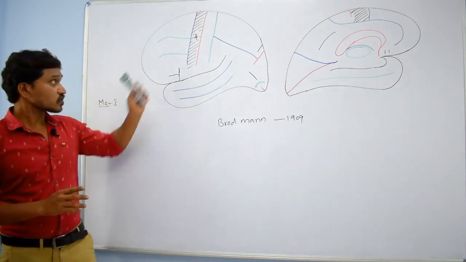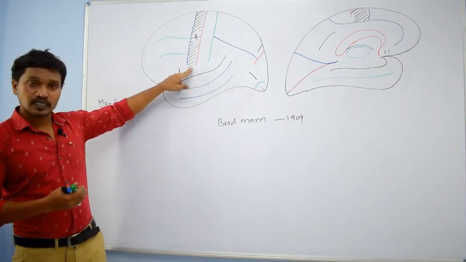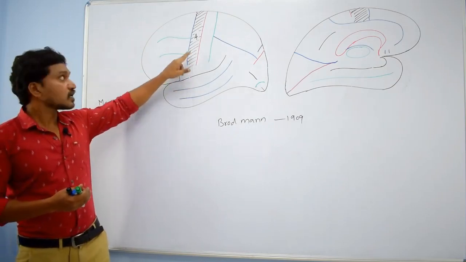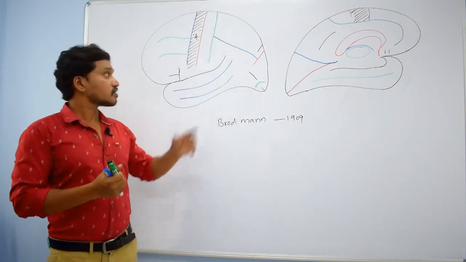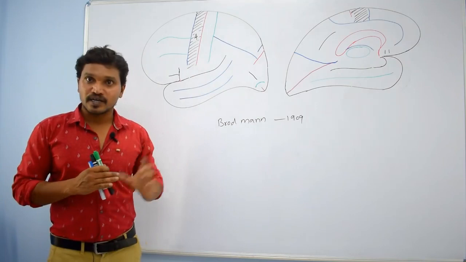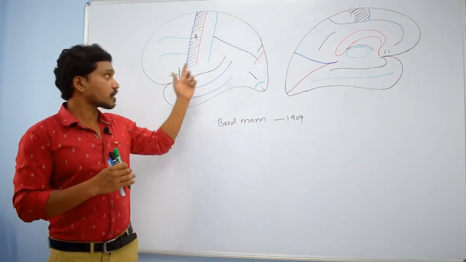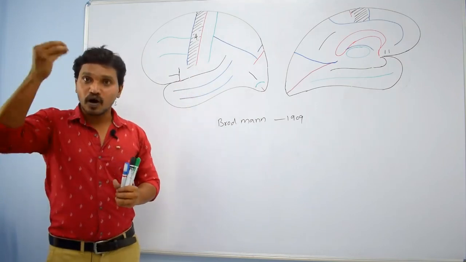Right? So that is regarding stimulation and how the body will be represented within the primary motor area. How is the body represented?